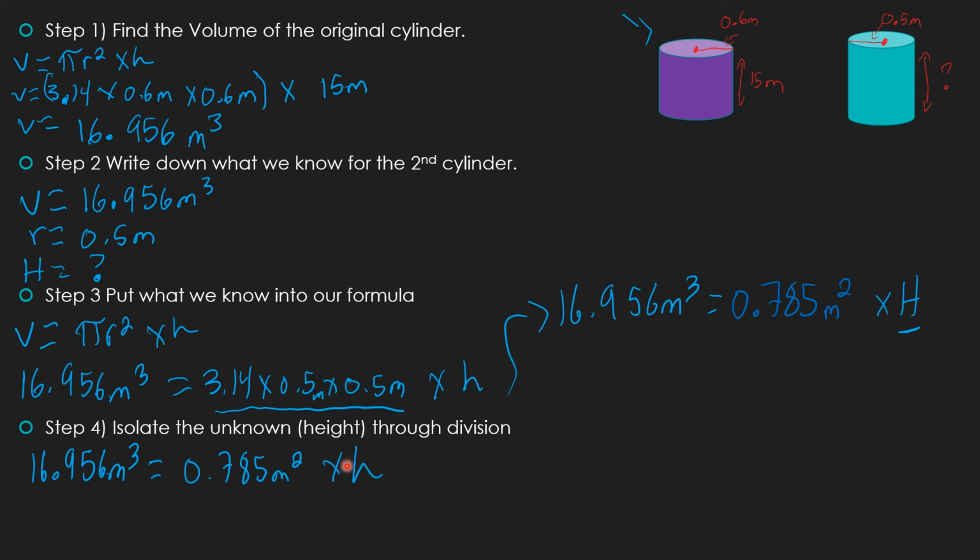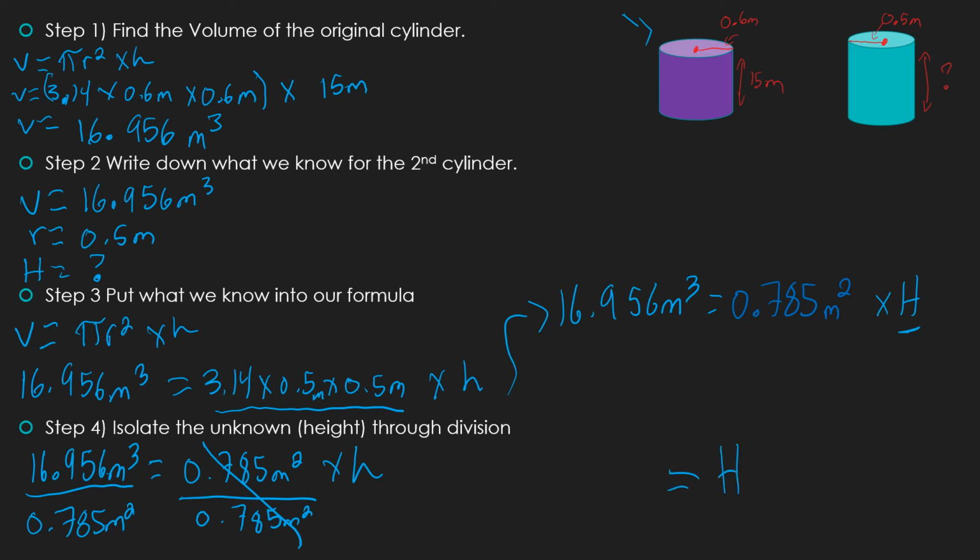Well, I want to get this alone, so I'm actually going to divide by this number to get it out of the way. And when I do to one side of the equation, I always do to the other. Divide by 0.785 meters squared. Well, 0.785 divided by that itself will actually cancel it out. And now we're left with just h on its own.